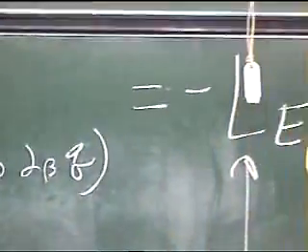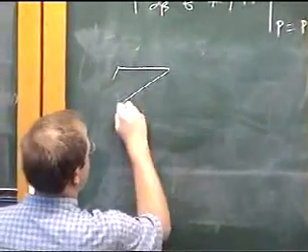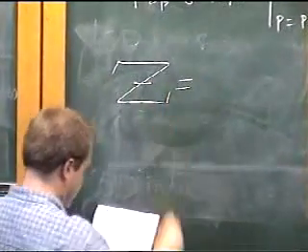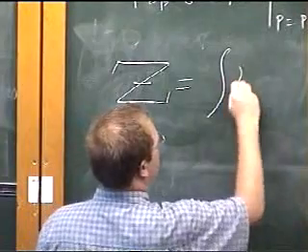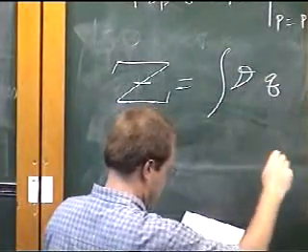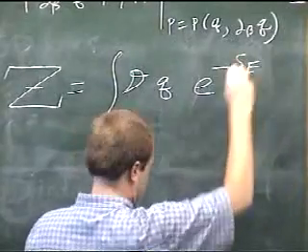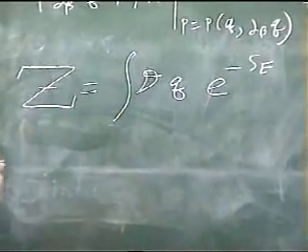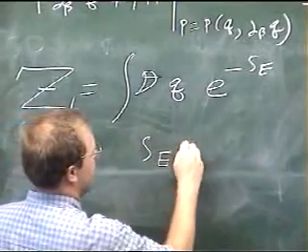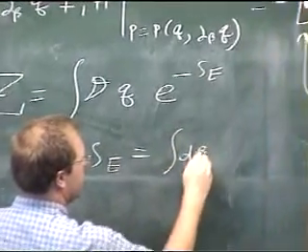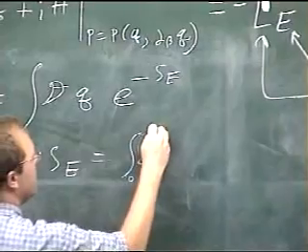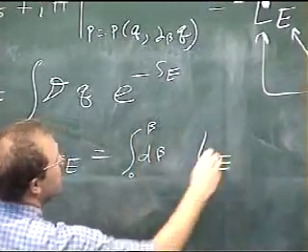Okay. In that case, at the very end, we can express the partition function as the integral over the remaining coordinates of e to the minus the Euclidean action, where, of course, Euclidean action is the integral d beta over that circle of the Euclidean Lagrangian.